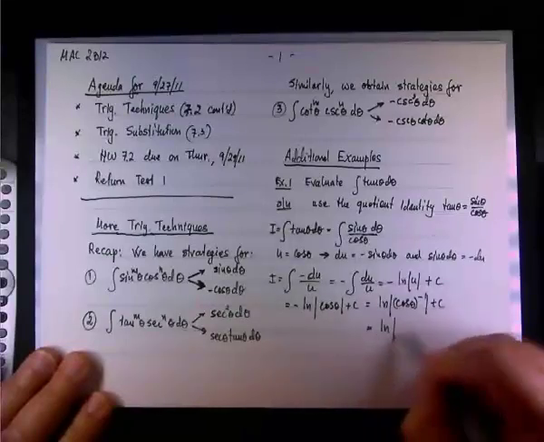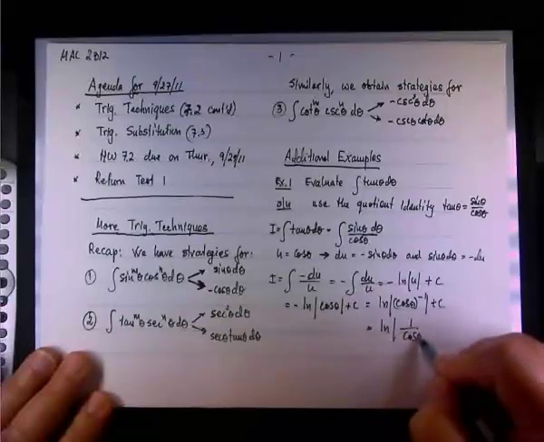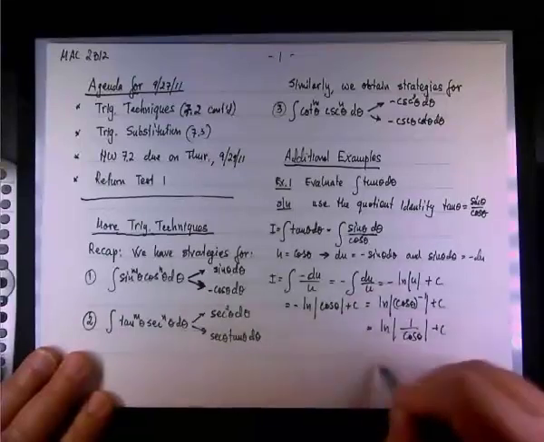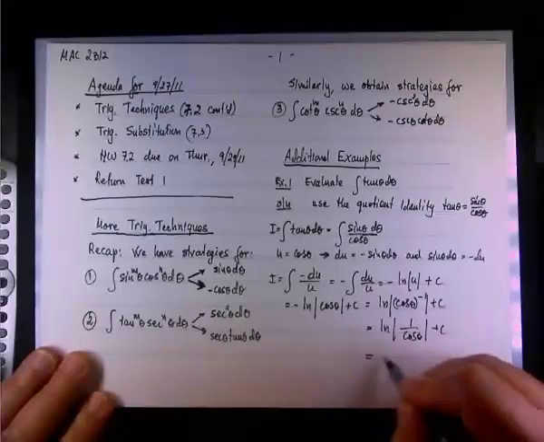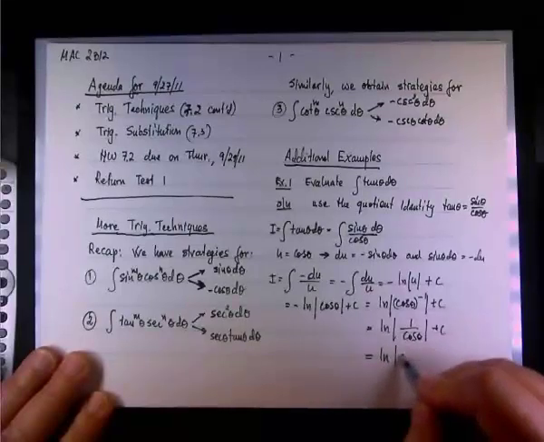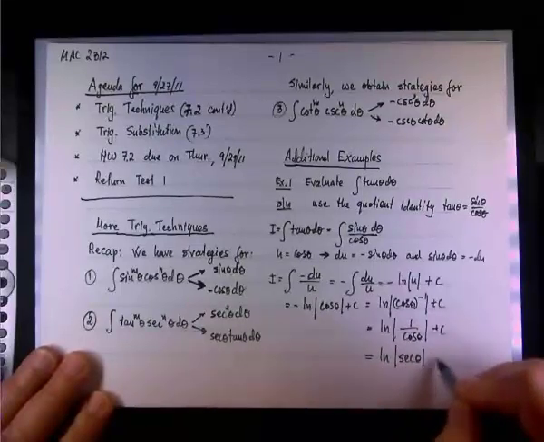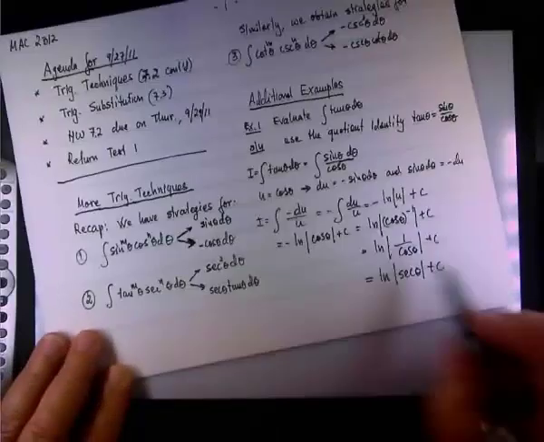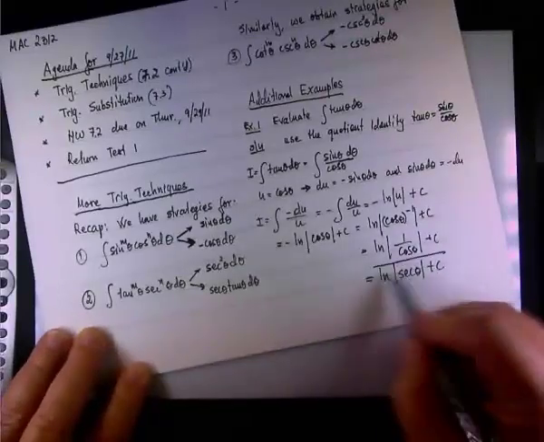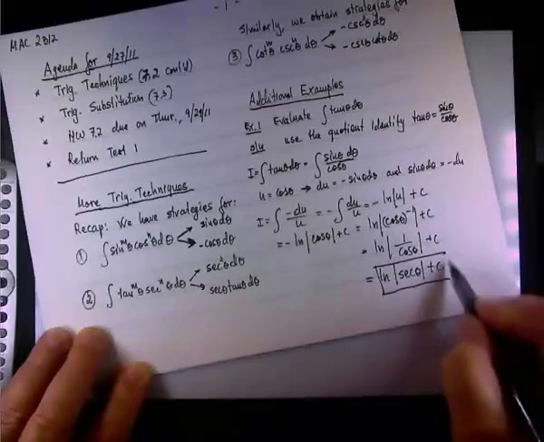And you end up having the natural log of 1 over cosine theta plus c. And the result of this integral is the natural log of the secant theta. So this is a good integral to remember.